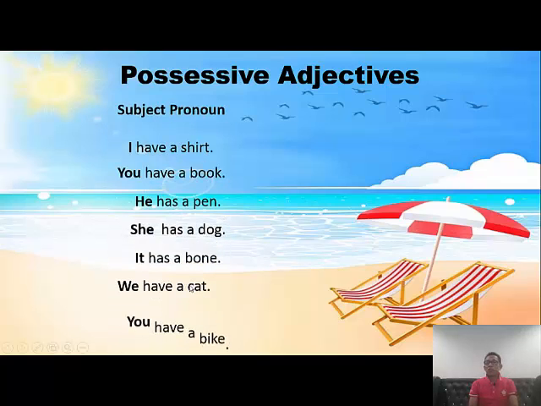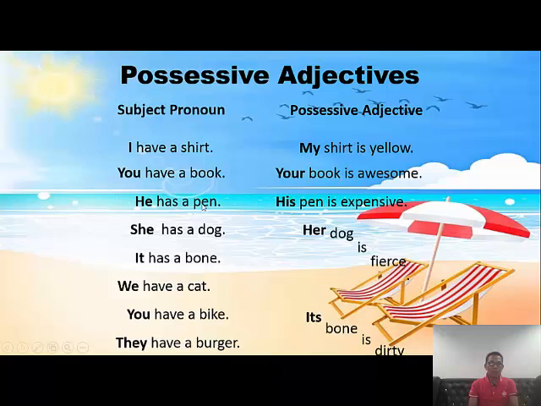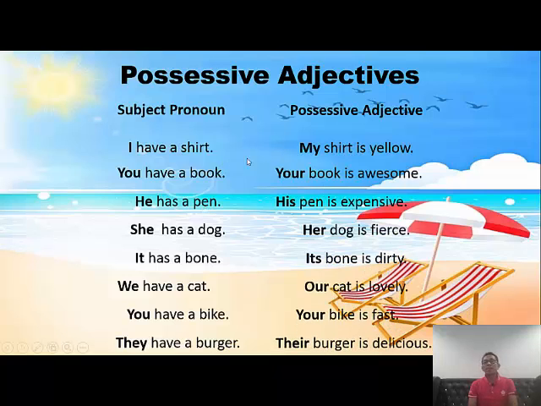Now I would like to show you again the subject pronoun and the possessive adjective. Please take a look at this sentence one by one. I want to read this, and I hope you can look at the bolded word that I already prepared here, so you'll understand the relationship between I, which is the subject pronoun, and the possessive adjective for I, which is my.